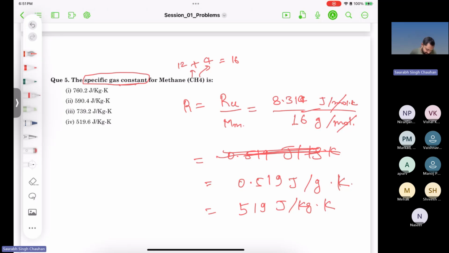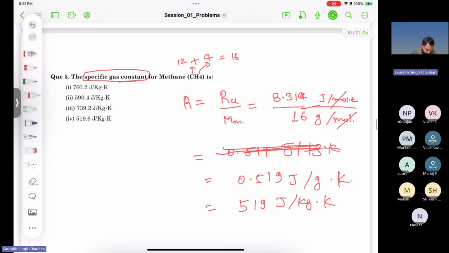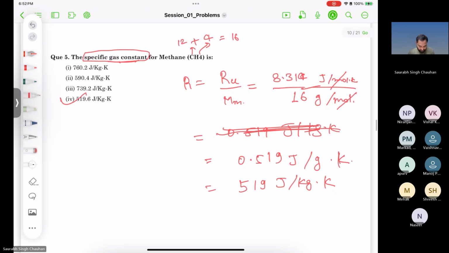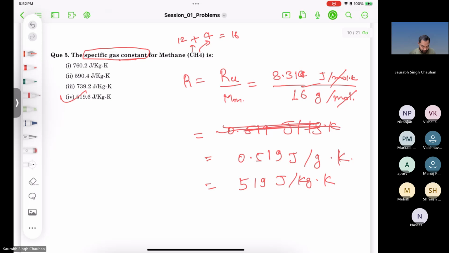Last option, fourth option. Correct. I hope this is clear.